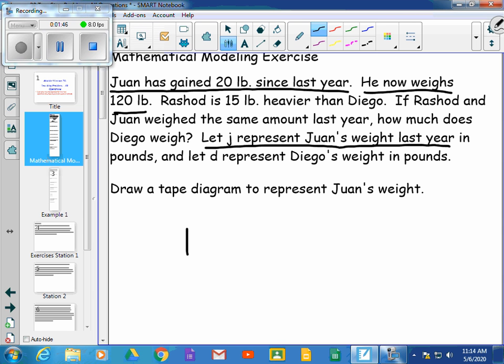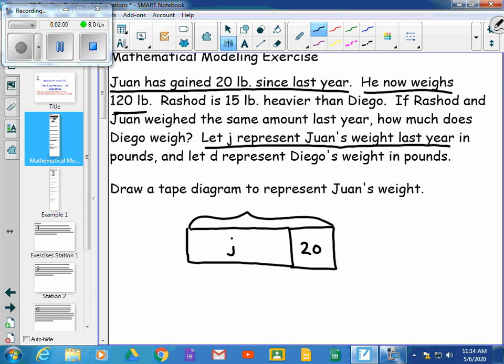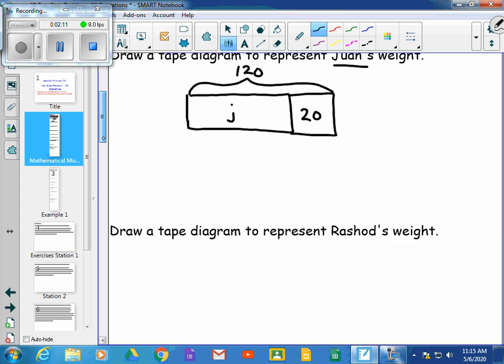We can represent that with a tape diagram as J, which is his weight last year, put together with 20, which is what he gained this year, and the whole thing is 120, which is his new weight this year. So that's going to represent Juan's weight. We're going to come back to Juan later.